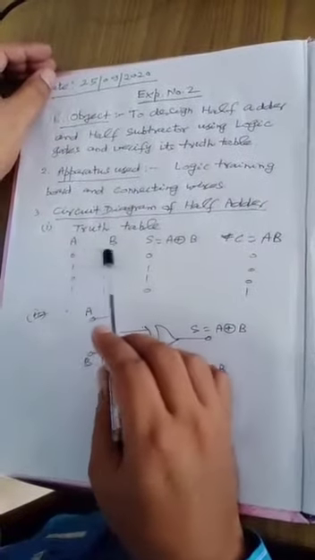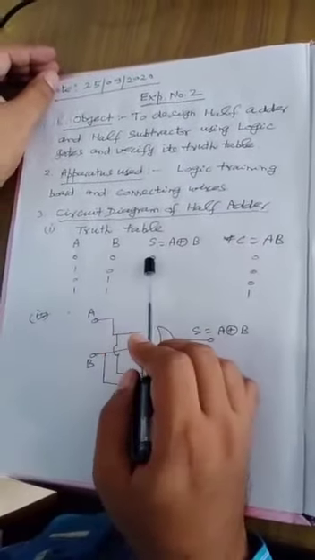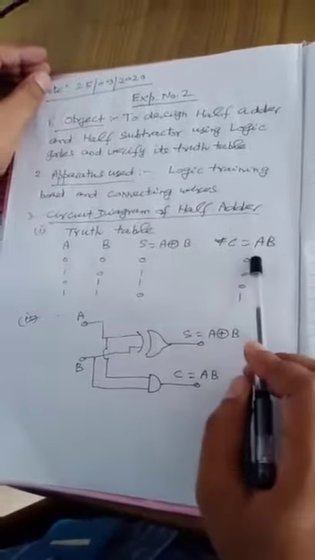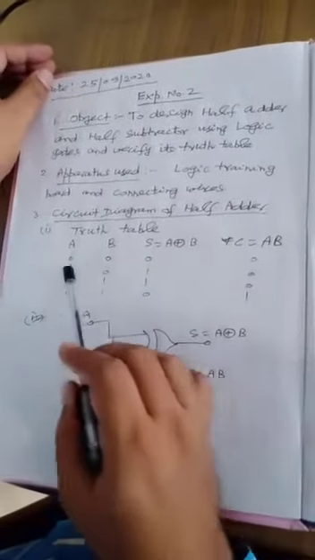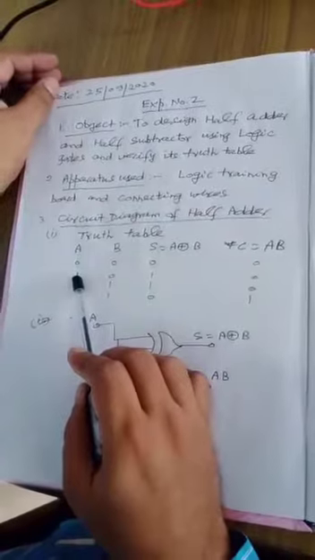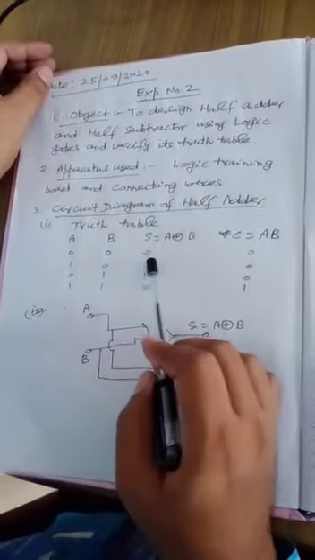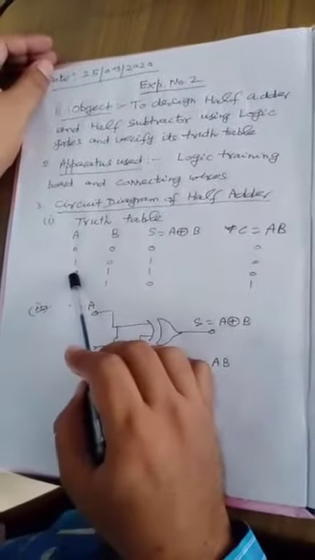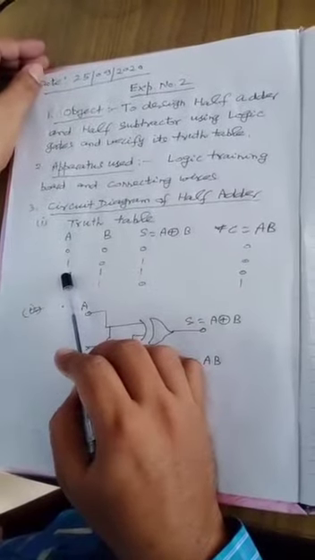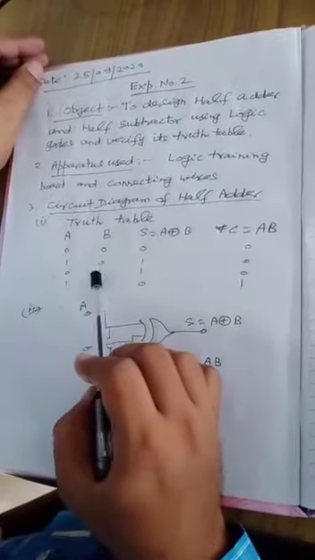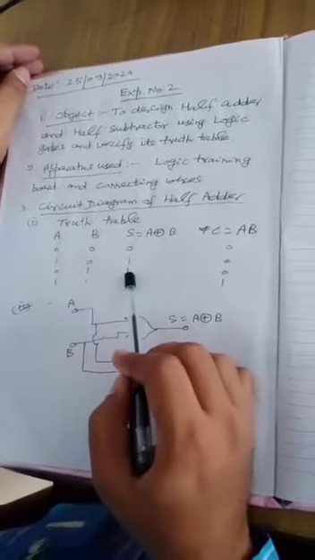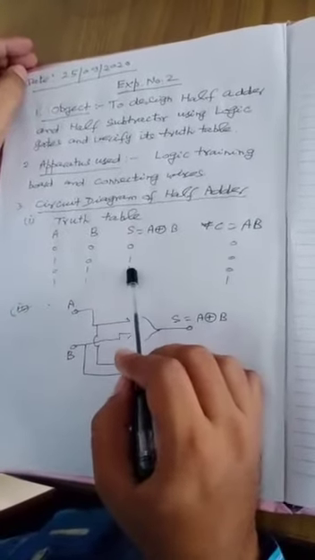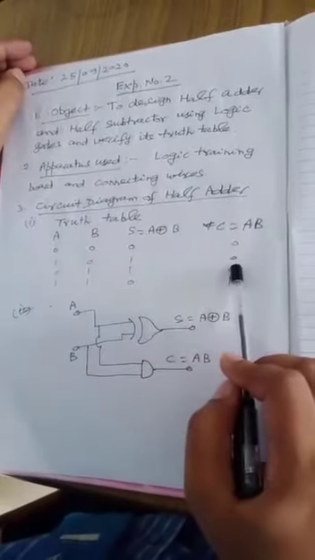When we add 0 and 0, we get sum 0, carry is also 0. When we add number 1 and 0, then we get sum 1, carry 0. When we add number 0, that is A is 0, B is 1, then its sum is 1 and carry is 0.